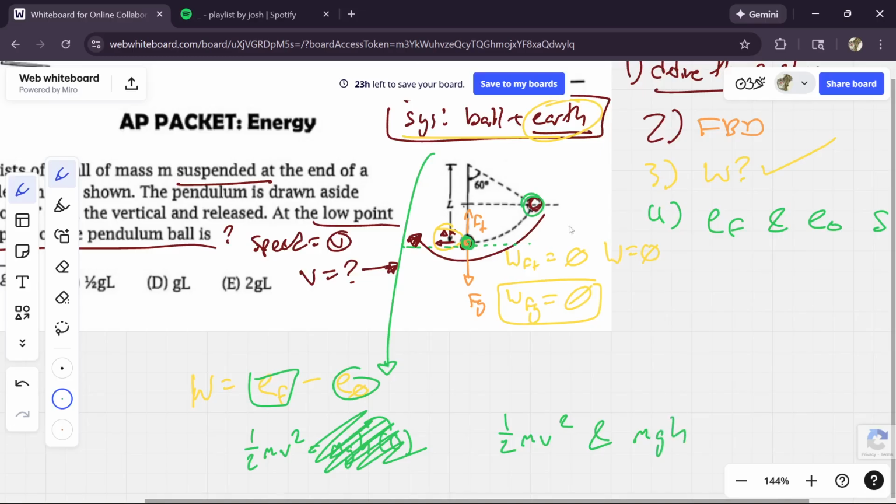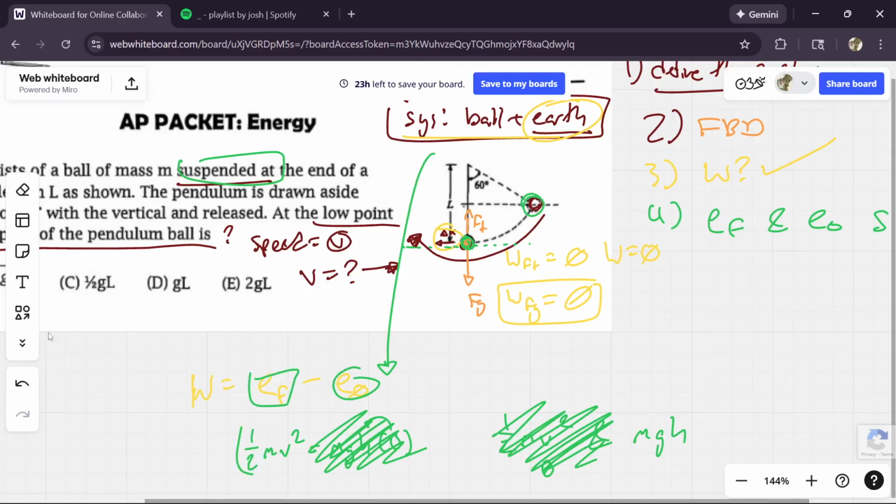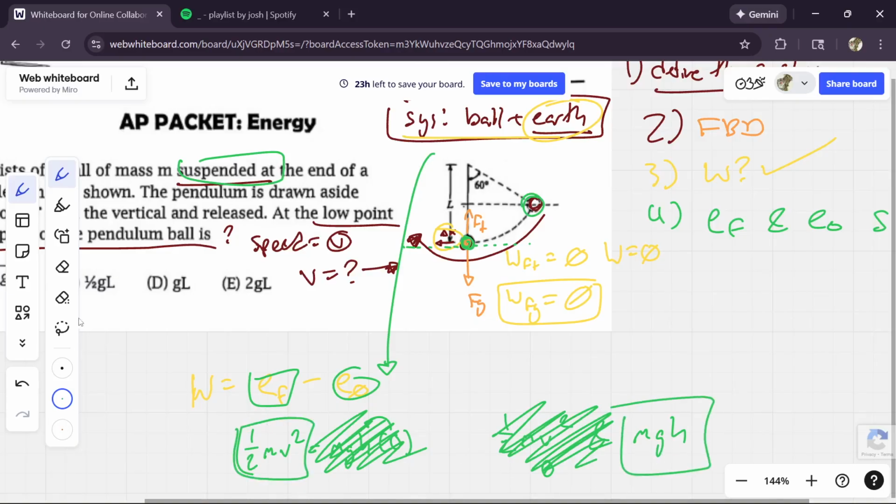Well, there is h because it's up, but because it's being suspended and not released, it's at rest. That means the velocity is zero, which means this all cancels out. So you're left with your E final being that and your E initial being that.